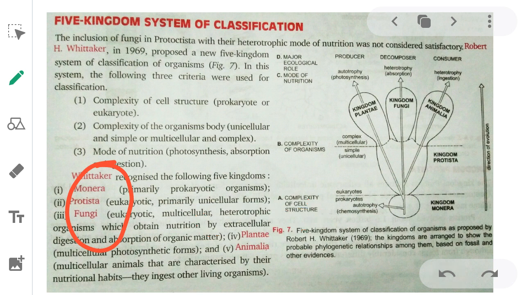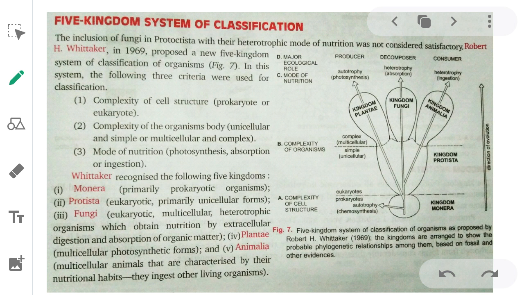Because he described the 5 kingdom system of classification and named them, what were the characteristics that he used for this classification? What are the different characteristics in these 5 kingdoms?